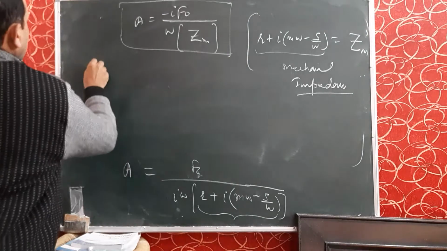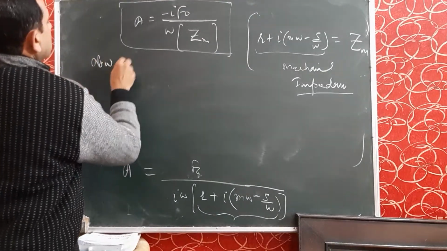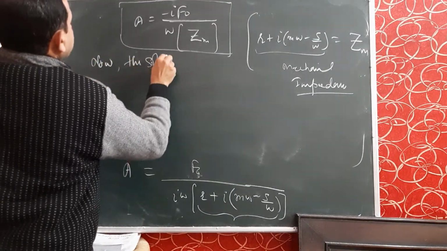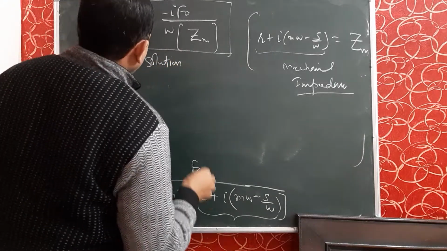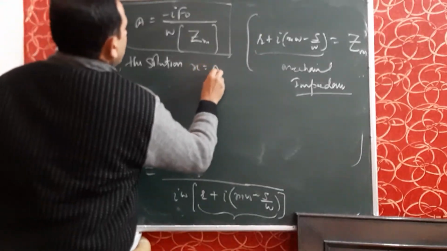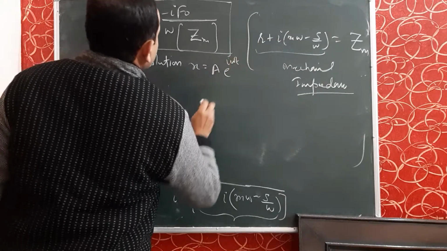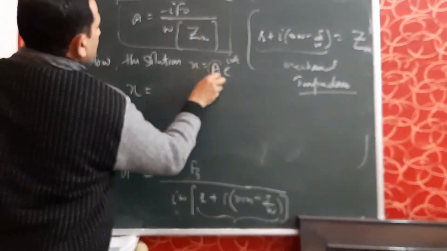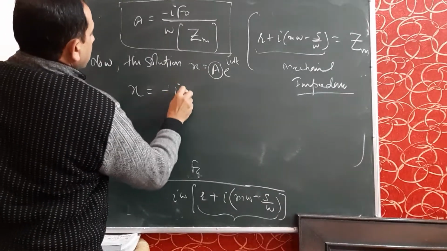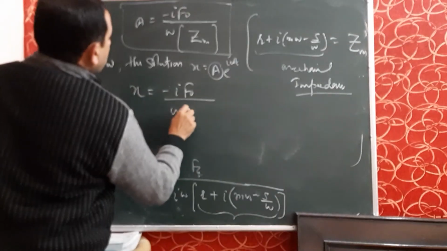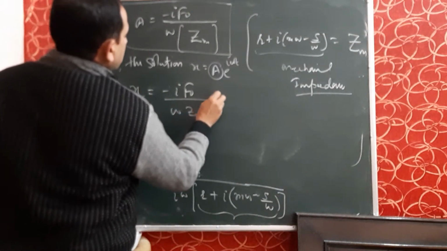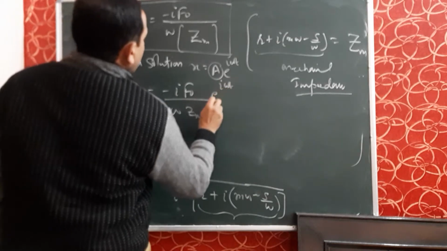Now the solution becomes, the solution which we have already taken, x is equal to A e power iota omega t, will become, as the value of A is minus iota f naught over omega Zm, into e power iota omega t.